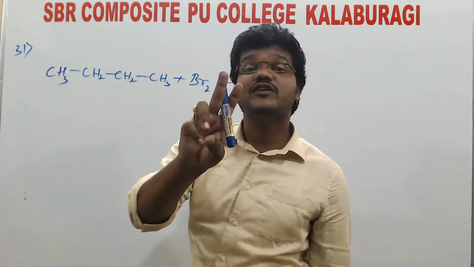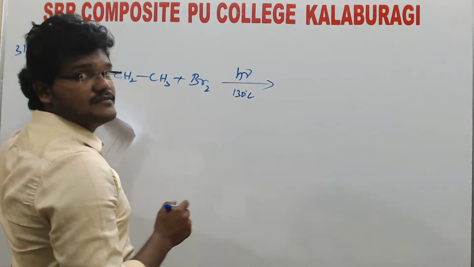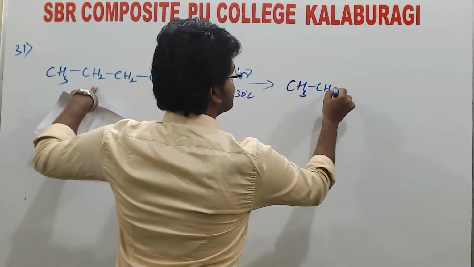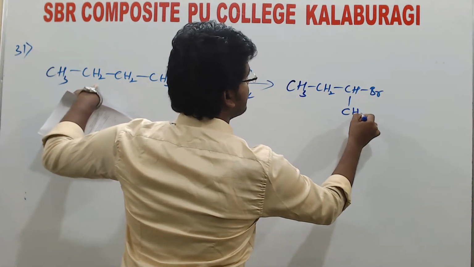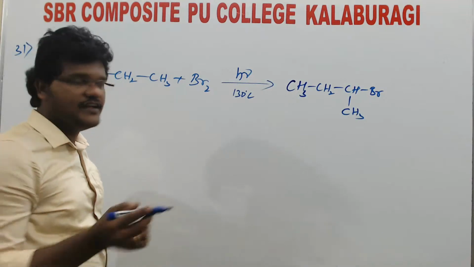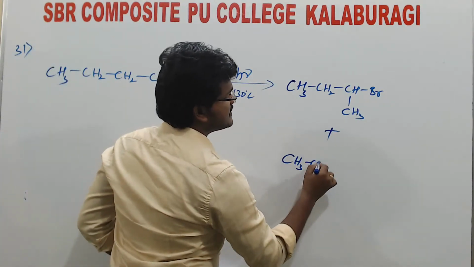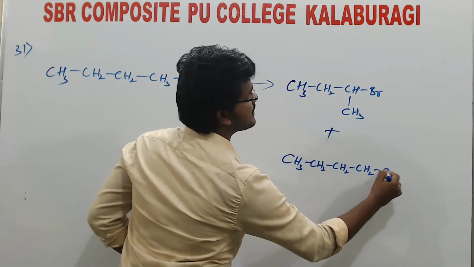So however, I am going to get only 2 products. One is 2-bromobutane, that is CH3, CH2, CHBr, CH3. Another one is 1-bromobutane, that is CH3, CH2, CH2, CH2Br.